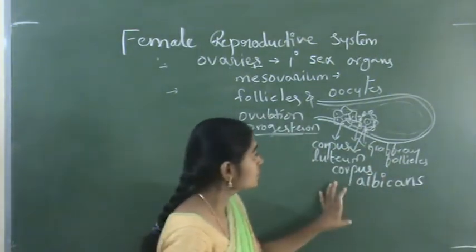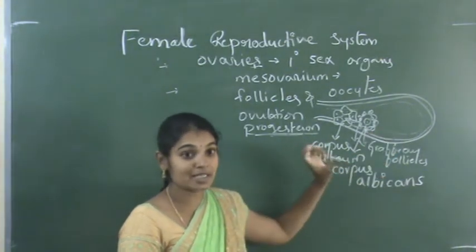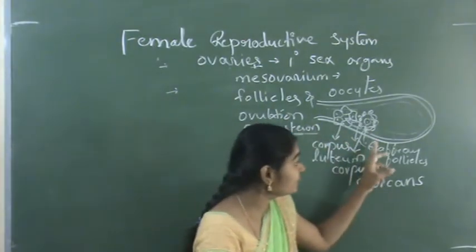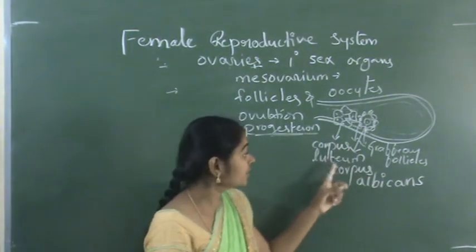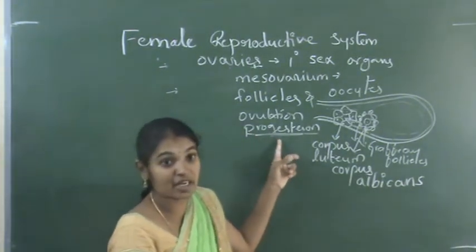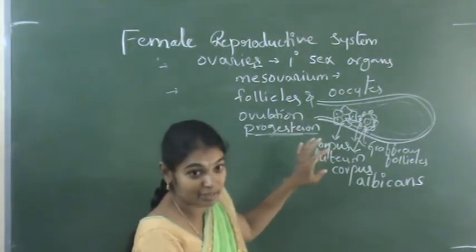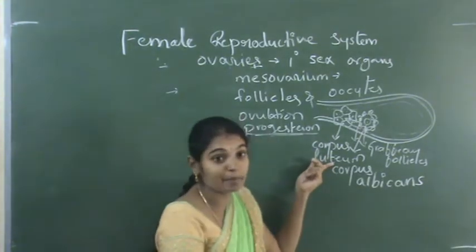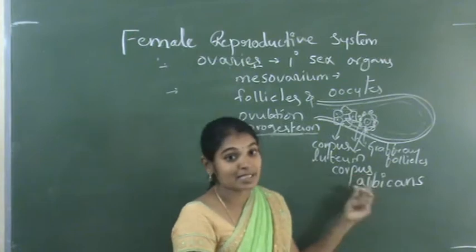The Graafian follicle ruptures and releases the ovum; that release of the ovum is known as ovulation. The ruptured Graafian follicle develops into a yellow colored structure known as the corpus luteum, which secretes the progesterone hormone, which helps in maintaining pregnancy. If no fertilization takes place, the corpus luteum degenerates into a white colored structure, the corpus albicans.